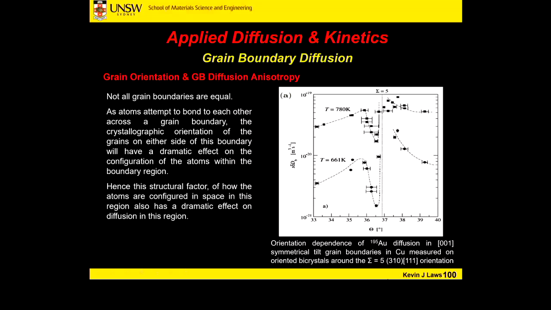But again, we see some very, very significant changes in diffusivity based on the orientation between our crystal orientations. So here it's not just a clear-cut case of here's our maximum, here's our minimum. Sometimes diffusion might become near impossible at specific orientations, and then once we exceed that orientation, it goes to something very, very high.